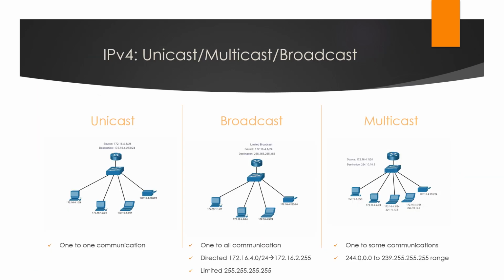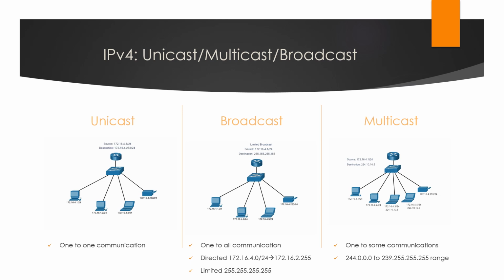In the previous slides, we learned that the structure of an IPv4 address has a network portion and host portion. There are different ways to send a packet from a source device, and these different transmissions affect the destination IPv4 address. Unicast transmission refers to one device sending a message to another device in one-to-one communication.